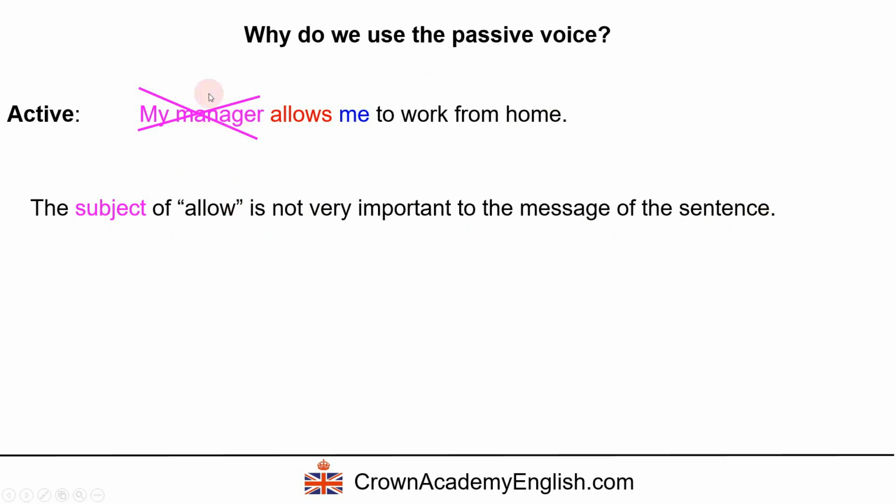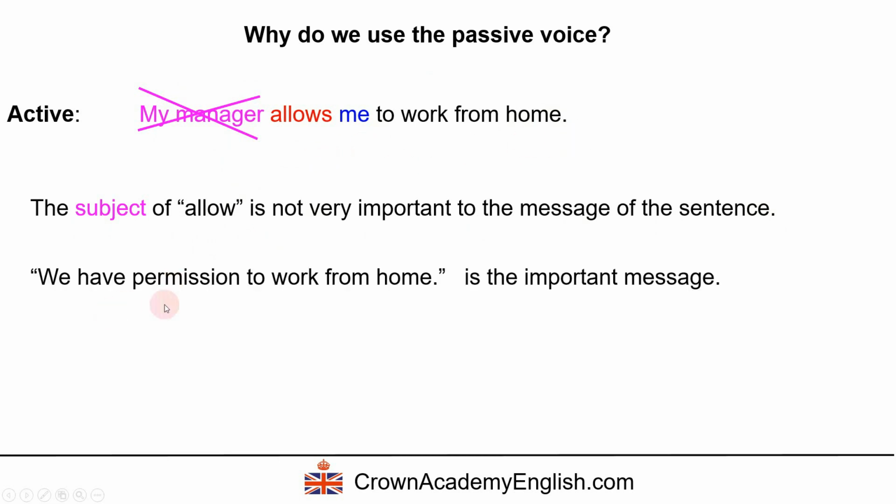Do we really need to know who gives me permission to work from home? Surely the most important thing to understand is that I have permission to work from home. So we have permission to work from home. That is the important message here. So it is better, that is why it is better to use the passive voice for this particular verb.